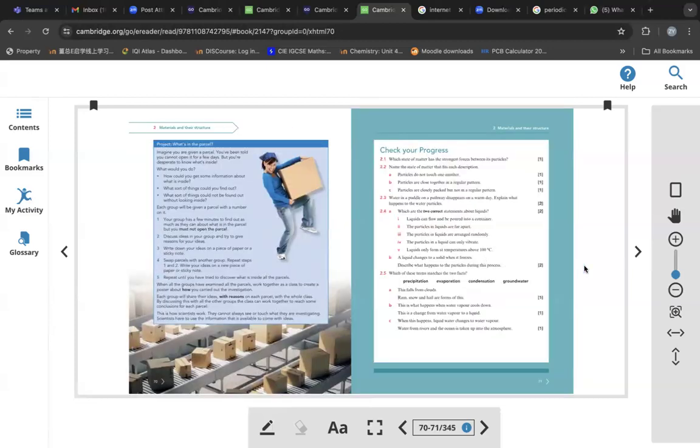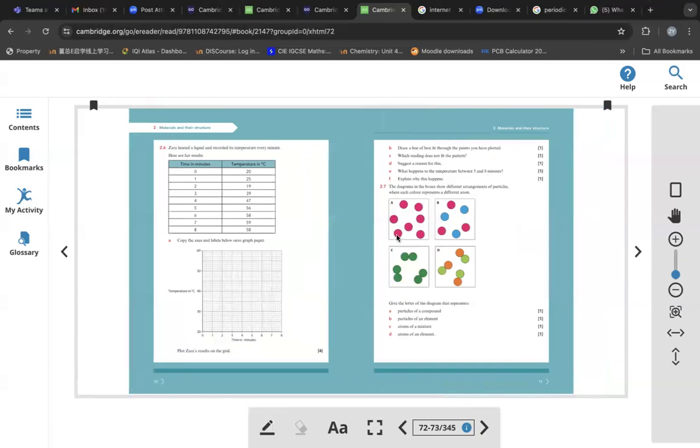I think this one you can try to do. Let me see. Particles of. You can try 2.7, this one to test whether you understand or not. We can try this 2.7 on page 73. You can see your page 73 and then you try first.